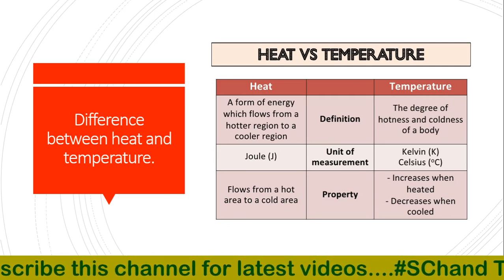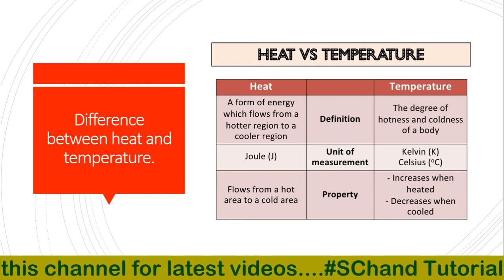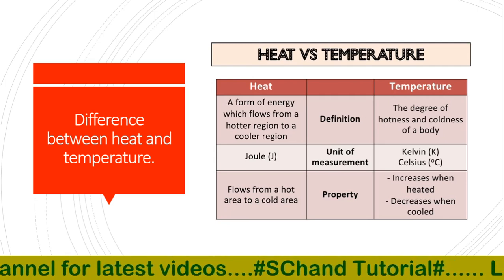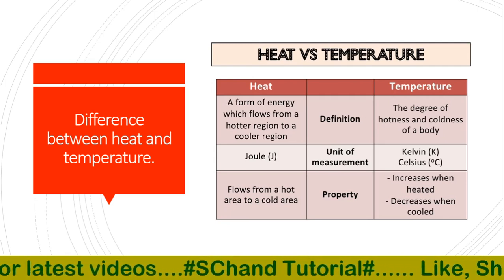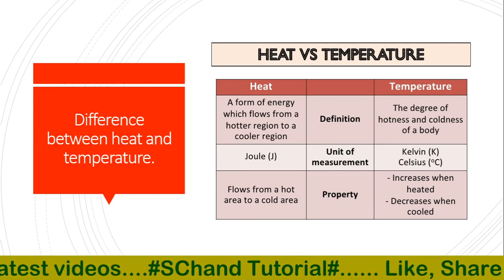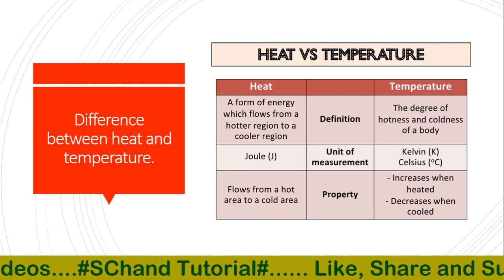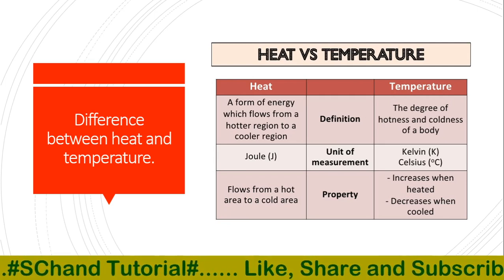The unit of heat is joule, and the unit of temperature is Kelvin and degree Celsius. Heat flows from a hot area to a cold area, and temperature increases when heated and decreases when cooled. Furthermore, heat energy is an additive quantity, while temperature is not an additive quantity.